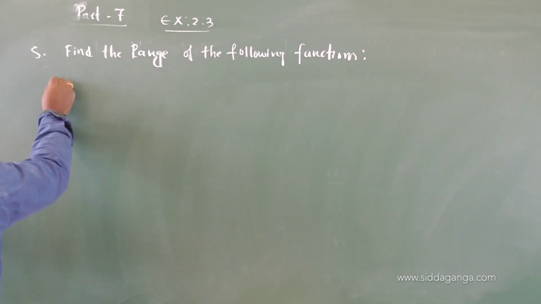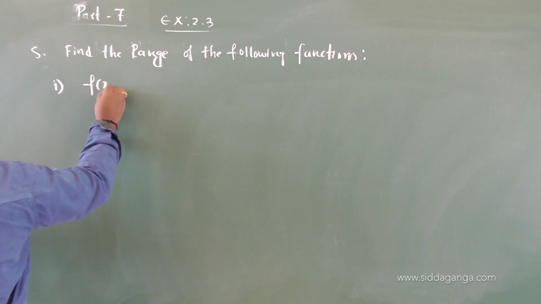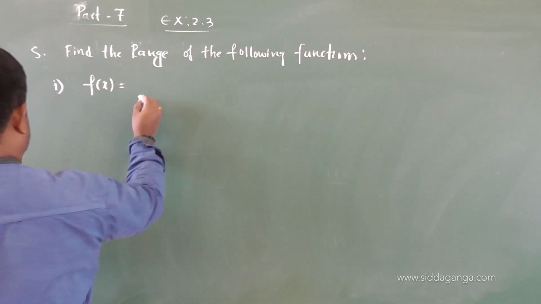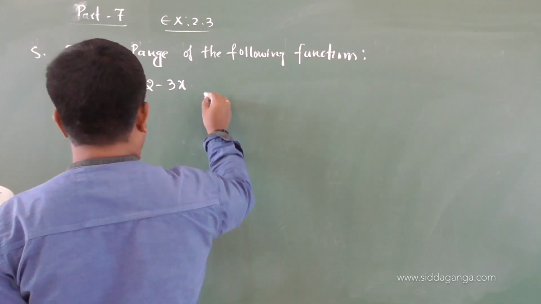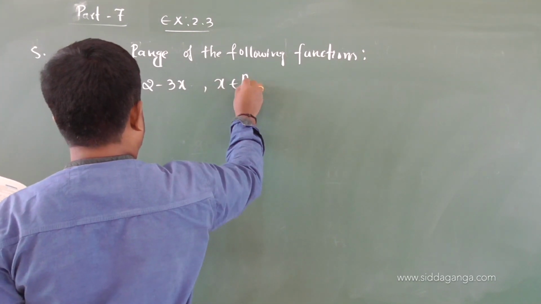First one, f of x equal to 2 minus 3x, a linear function, for all x belongs to real numbers.